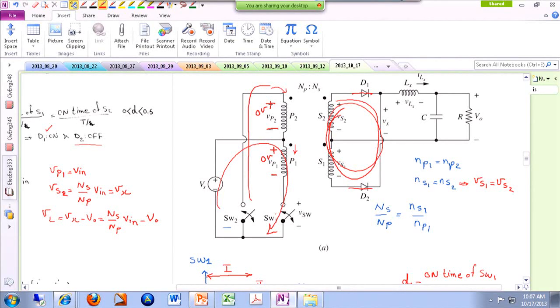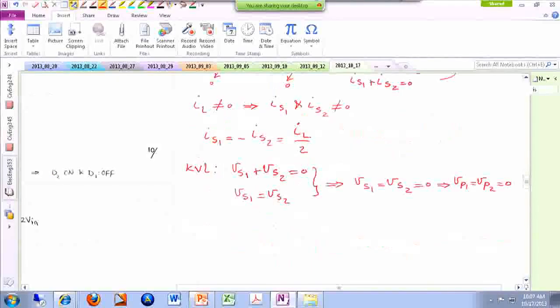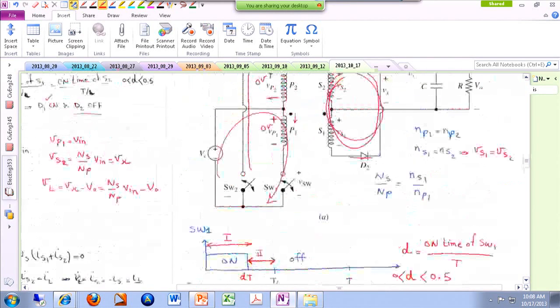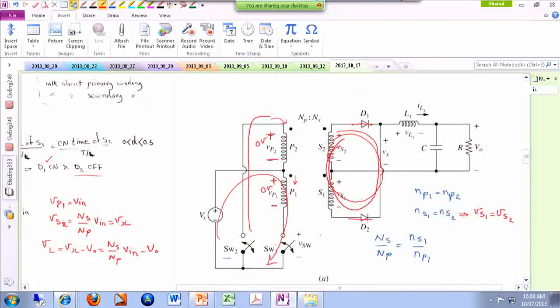V switch number 1 will be the same as Vn, and that is actually the same as switch number 2. So in this mode, both of these switches are supposed to handle the input voltage in terms of the voltage stress, because the transformer is basically shorted.